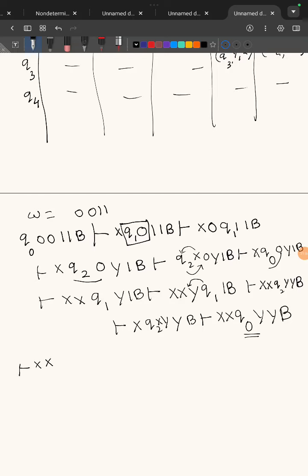So it is X X Y Q3 Y B. Now we will be in Q3 only, X X Y Y Q3 B. Now Q3 is reading blank, we will be going to X X Y Y blank Q4. That is, we have reached the final state. The given string will be accepted by the Turing machine and it will halt. Okay, that's it.